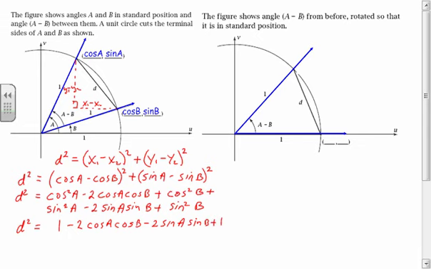So I can do one more thing here before moving on to the next picture. 1 plus 1 is 2. So d squared equals 2 minus 2 cosine A cosine B minus 2 sine A sine B.